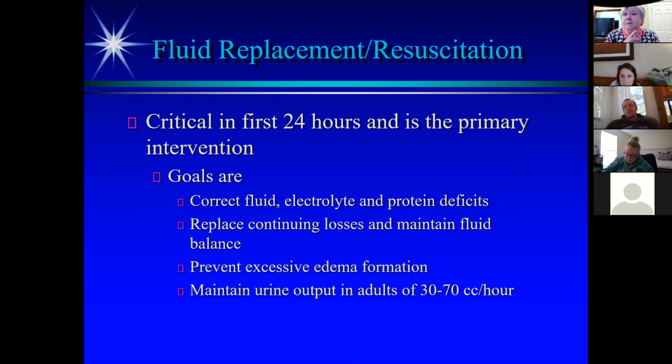That's the key, because their huge, ballooned body doesn't tell me anything. How do I know they have adequate circulating blood volume? Their urine output tells me that.